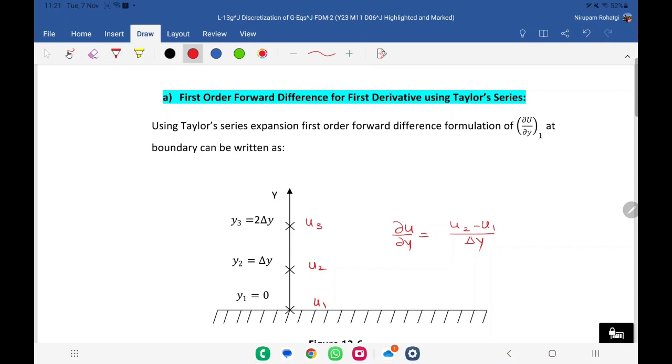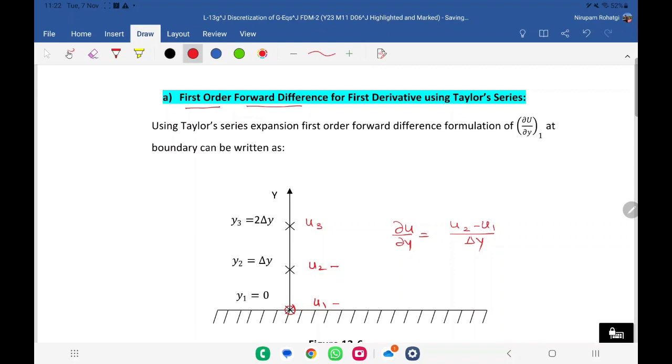So you are able to write the derivative at this point in terms of this point and this point, and both of them exist. But that is a forward difference, first order.